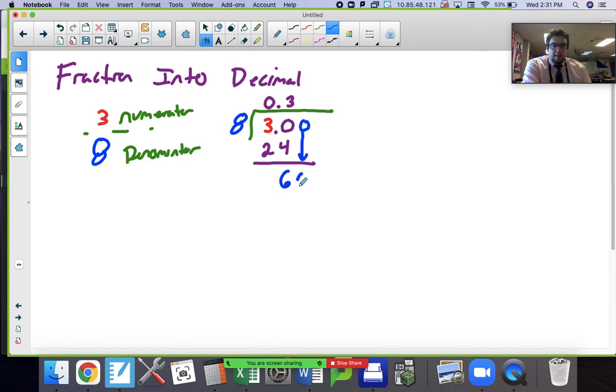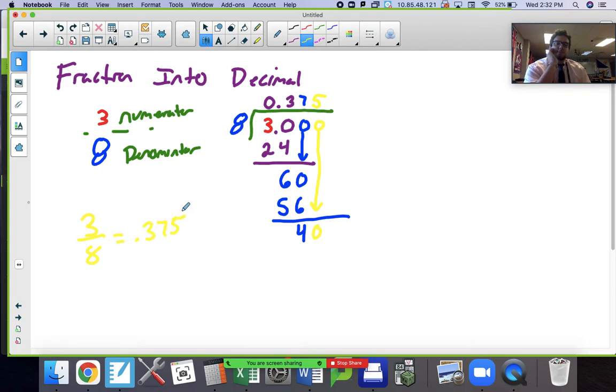We bring down the next 0. 8 goes into 60 7 whole times. That's 56. We subtract that and get 4. We then bring down the next 0. And 8 goes into 40 5 whole times. So the decimal for 3/8 is 0.375.